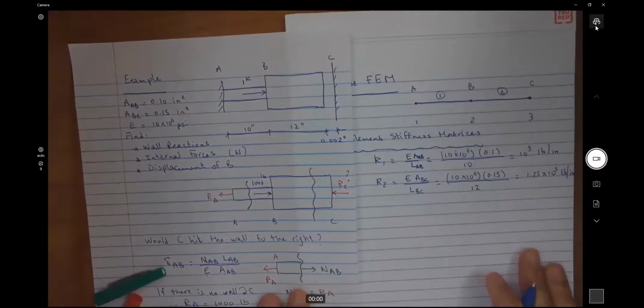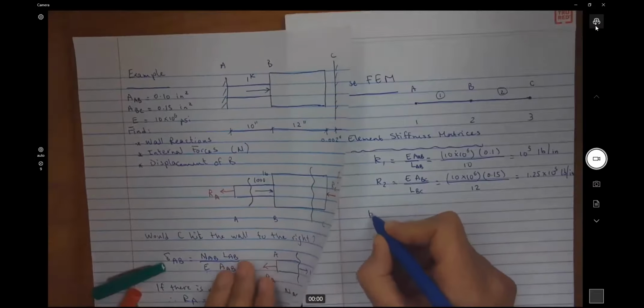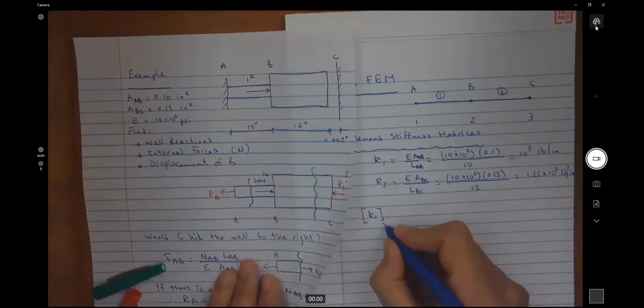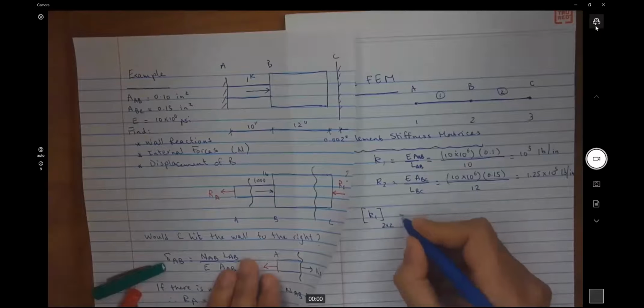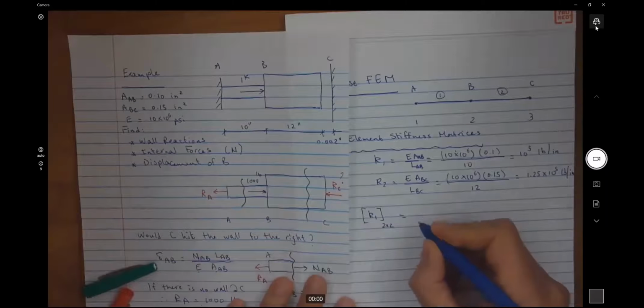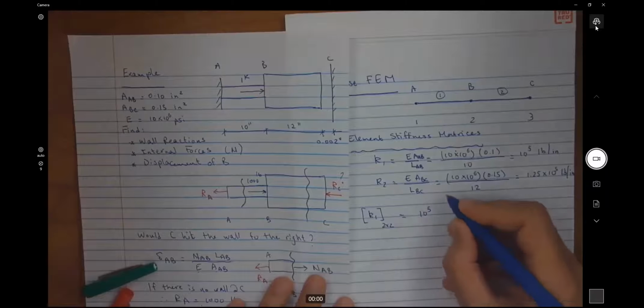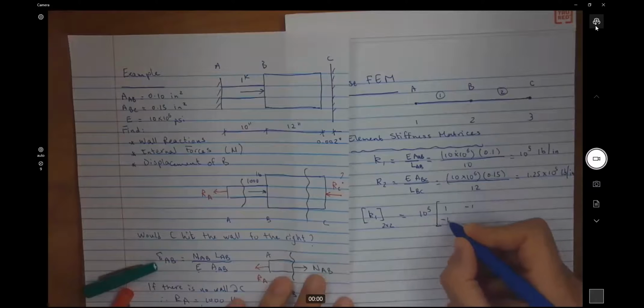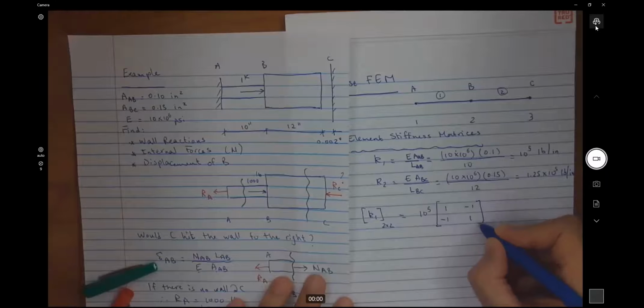So when I want to write the stiffness matrices, I have this K1 matrix, which is a 2 by 2. This is going to be equal to 10 to the power 5 common factor, and then I have a 1, minus 1, minus 1, and 1, as we have learned.